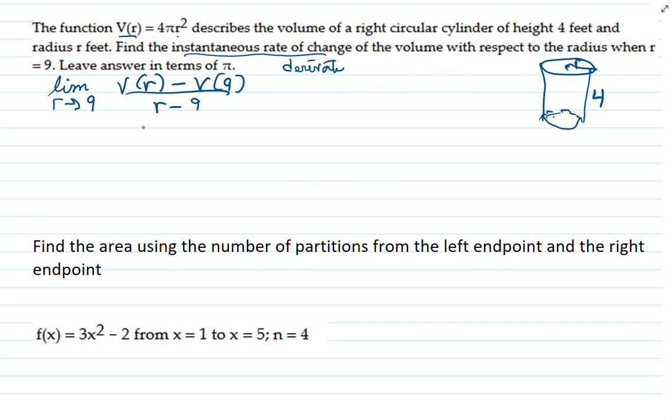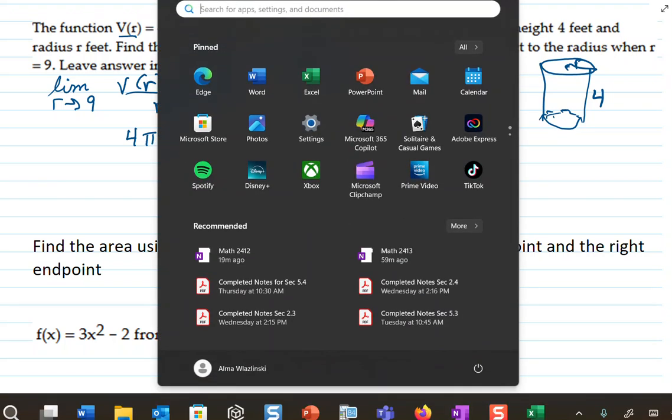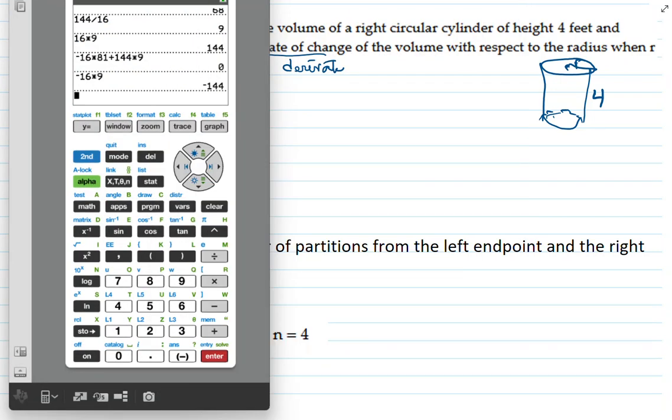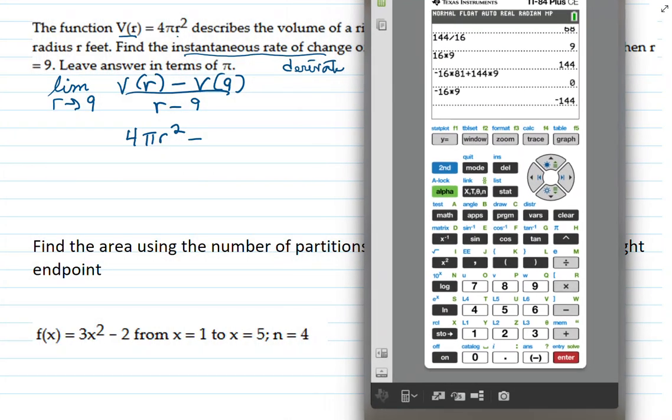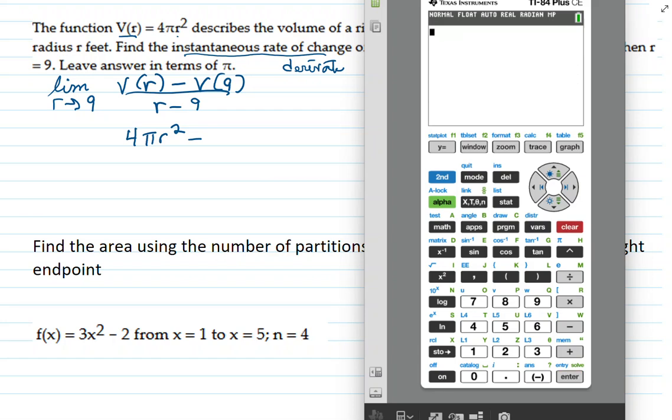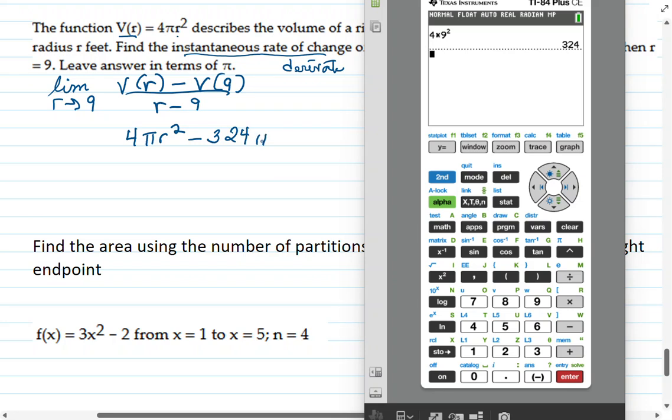So we're going to take the 4 pi radius squared minus, and that's 9. Oops, sorry. So let me move this over here. Let me clear it. I'm going to have 4 times 9 squared. Okay, and I get 324 pi divided by r minus 9.